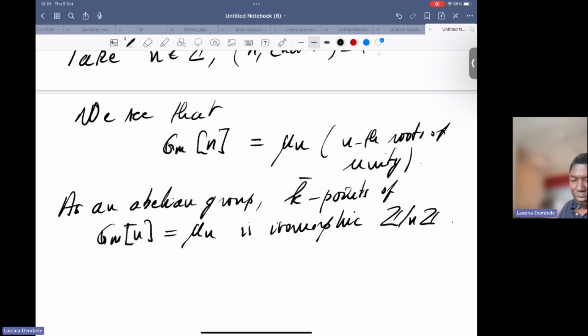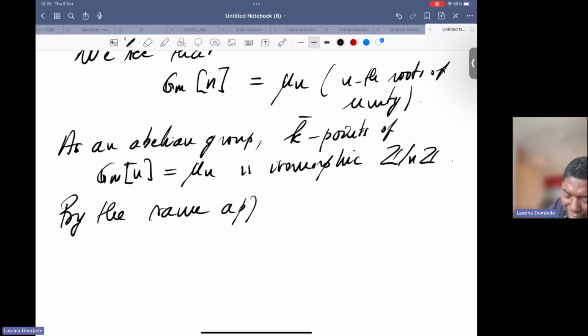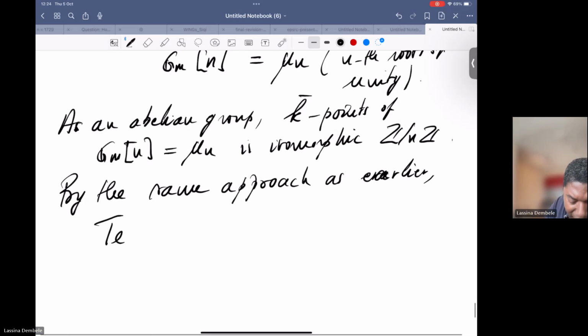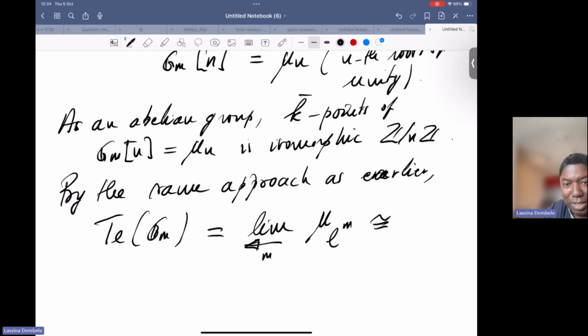So by using the same kind of construction we did earlier, by the same approach as earlier, we see that if we look at the Tate module of G_m, it would simply be the inverse limit of mu to the L^m, and this is going to be isomorphic to ZL.